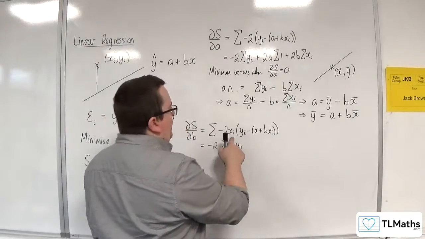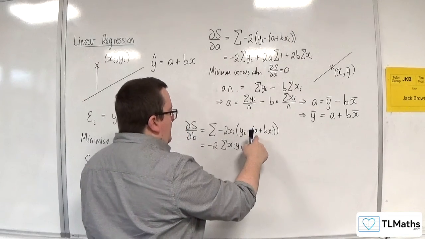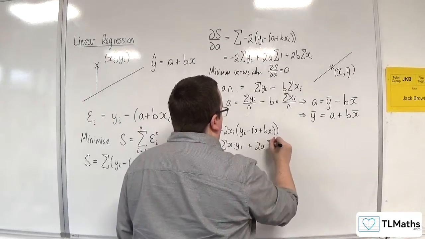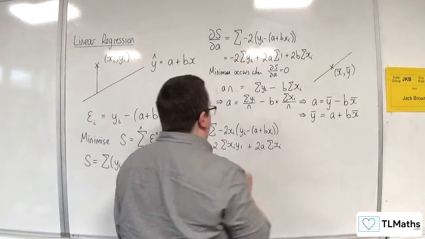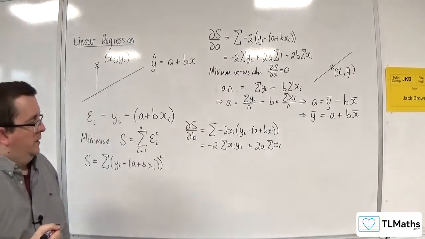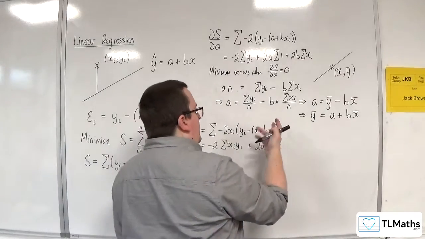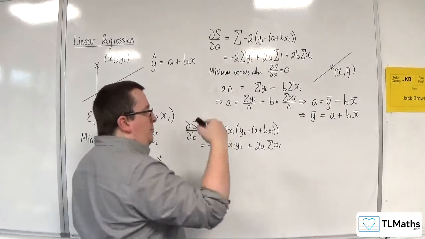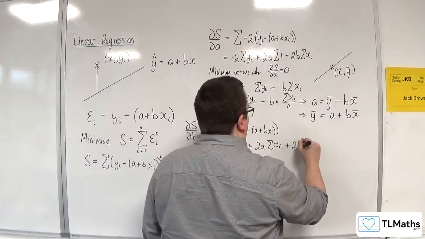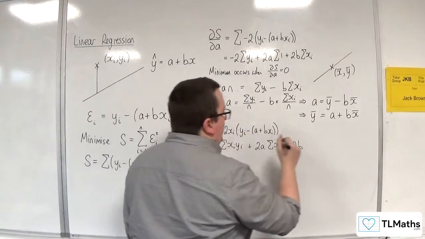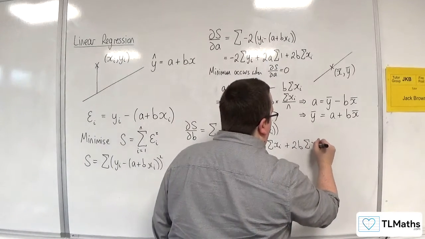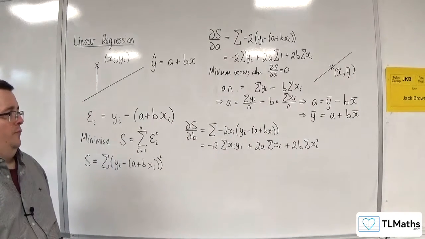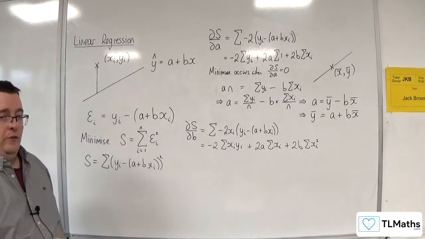Then we've got minus 2xi times minus a, so we're going to get plus 2a times the summation of xi. And then we've got the minus 2xi times minus bxi, so that's going to get us plus 2b times the summation of xi squared. Okay, so that's where we're at.